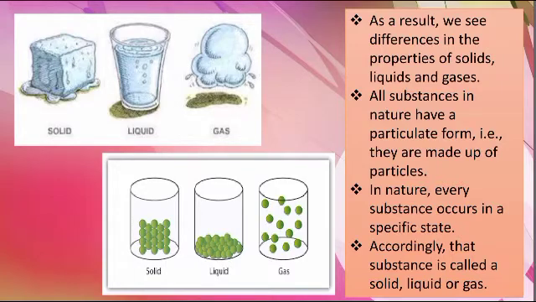If you put it in a water bottle, again it takes the shape of that. In the same way, a gas, when it is present in the form of a solid, disappears after a certain period of time. So, all substances in nature have a particular form and are made up of tiny fine particles. In nature, every substance occurs in a specific state, and accordingly these substances are called solid, liquid, or gaseous substances.